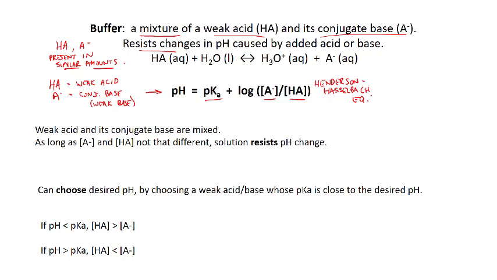There's always going to be one or two of those in my class for credit. So the idea here is that we have two variables, the concentration of our conjugate acid and the concentration of our conjugate base. These you can control to some extent. Our pKa is a constant. Our pH is a dependent variable.